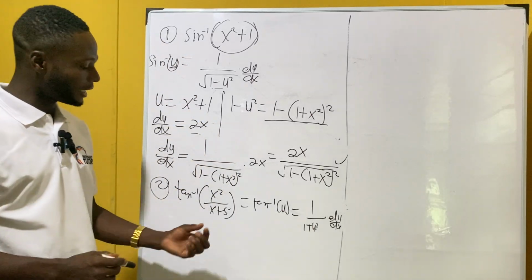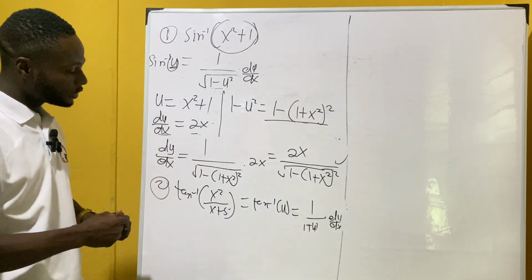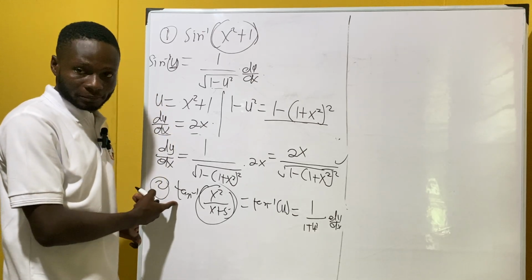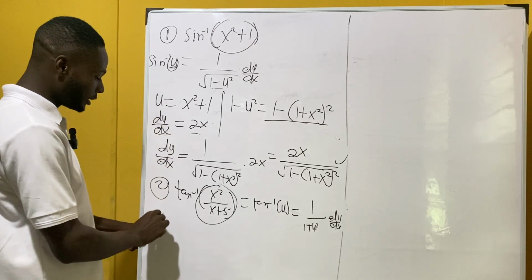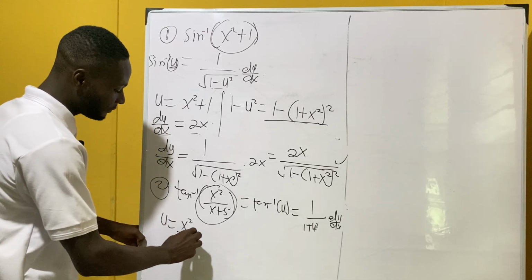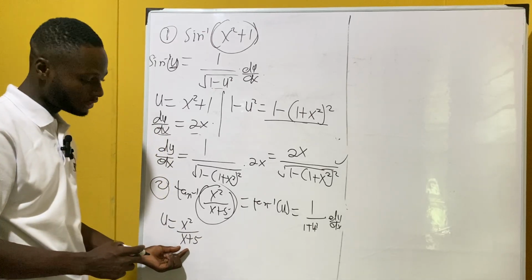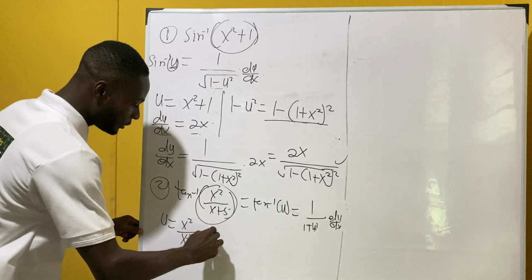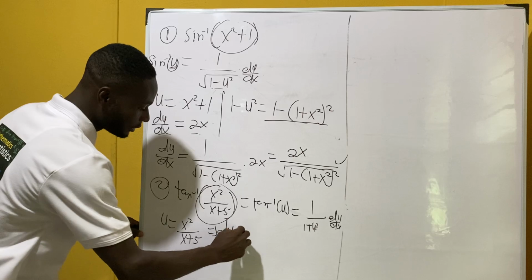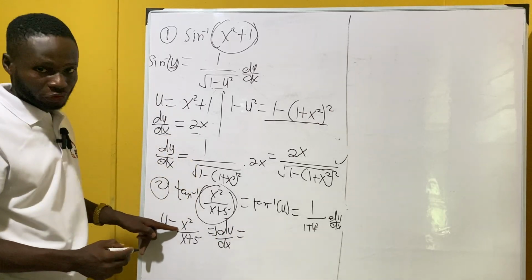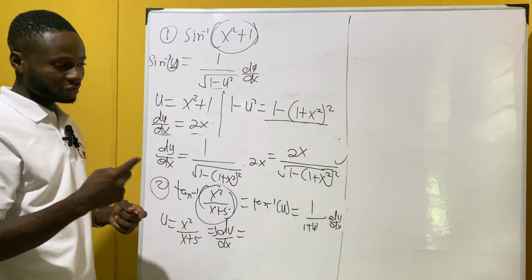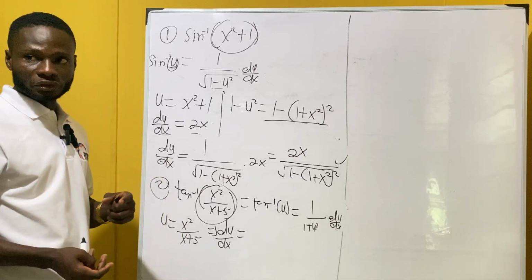So we need to identify our u, and we know that the u is the whole of the function inside the tan inverse. So we say that u is equal to x squared over x plus 5. So we have to differentiate this. You're going to use the quotient rule. We know that any two functions dividing each other, you have to use the quotient rule.